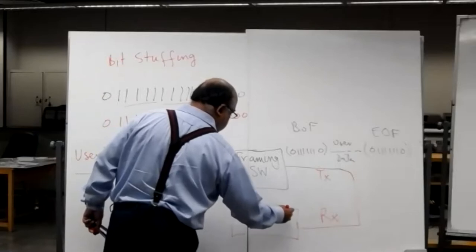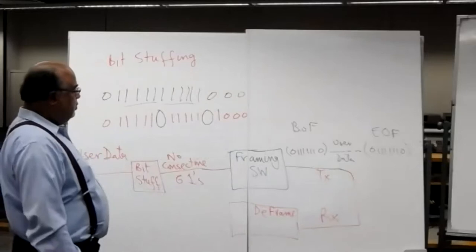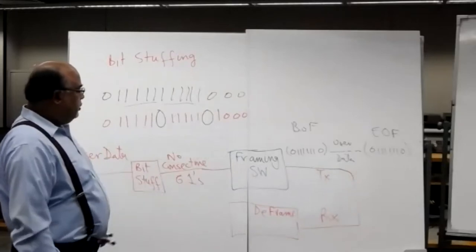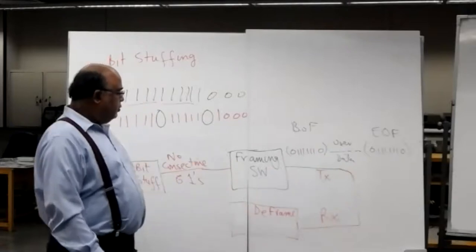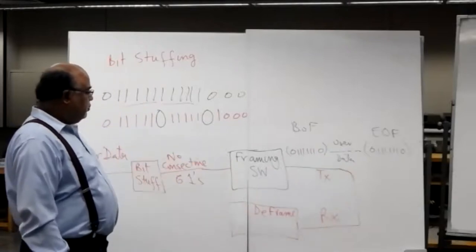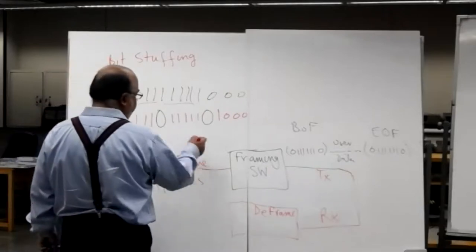If you are sending a Word document, it will be converted to frames, and after the deframing software, you will get your Word document back, but it will have zeros after every 5 ones.